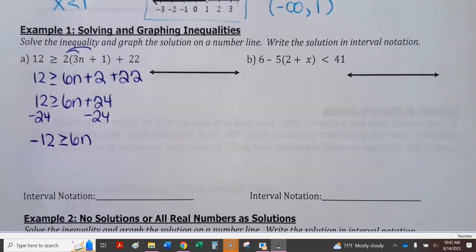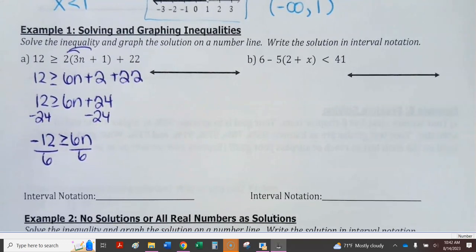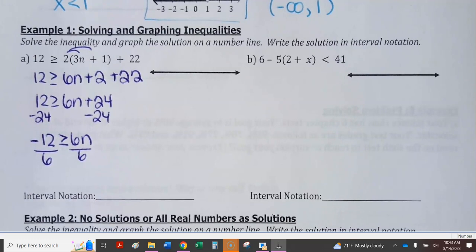Okay. All right, do I need to flip a sign over or anything? No, oh no. People automatically see the negative number and they're like, let's flip this sign. No, we're not going to flip. Go ahead. Well, if I were to do differently and get negative 6n equals a number, I would flip the sign since I'm dividing by a negative number. Exactly.